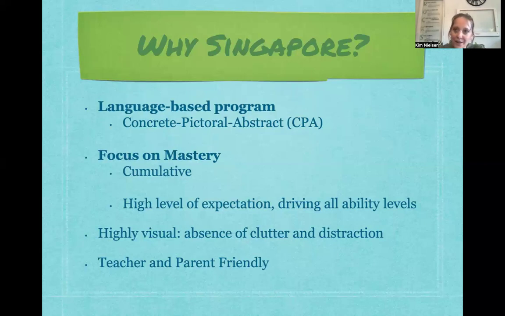I have loved the program because again, the focus is on mastery. And I think this works really well for classical education, that it's working on a cumulative building up of skills and concepts. They call it a spiral review, but you will see certain concepts each year.